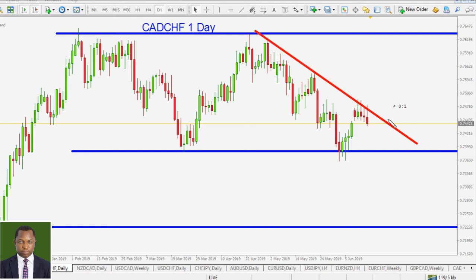So all we need to do is to sit aside, be on the sideline, wait for price to move away. The confusion going on here is not ideal. Once you notice that kind of confusion, you better want to stay away. For us, even though this is pointing to the downside, we are still going to be a bit careful.